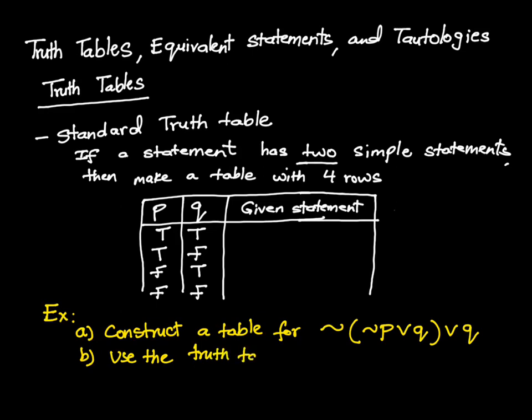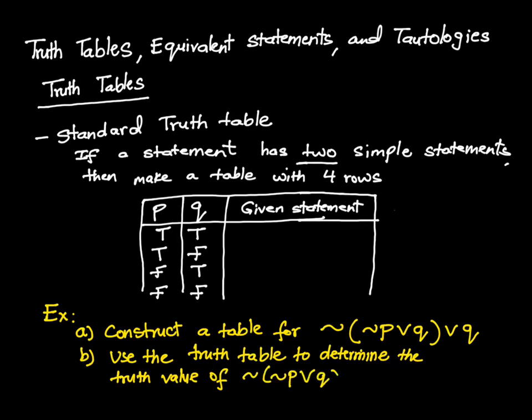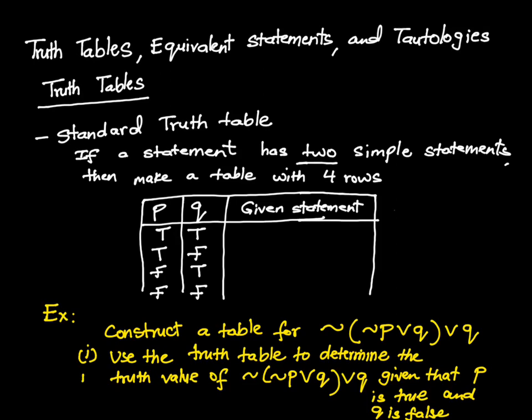And after we make the truth table, we use it to determine the truth value of the negation of not P or Q, given that the instance is that P is true and Q is false.